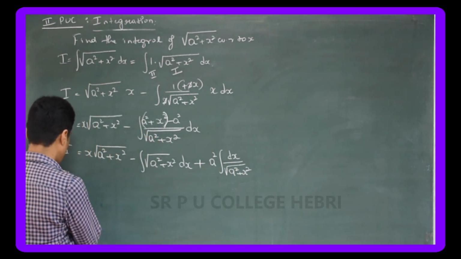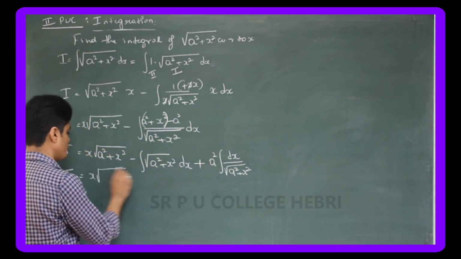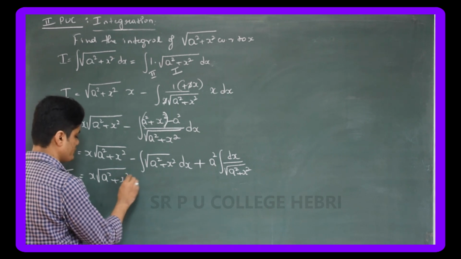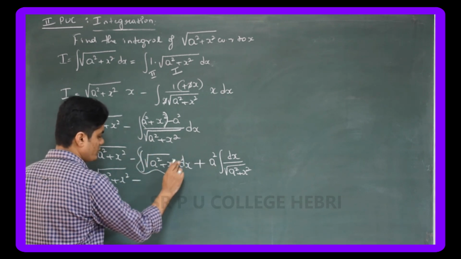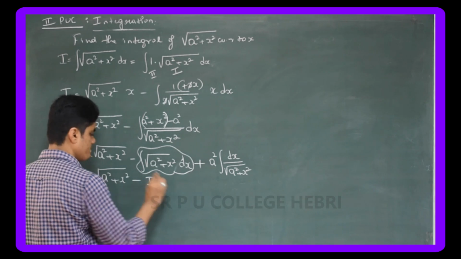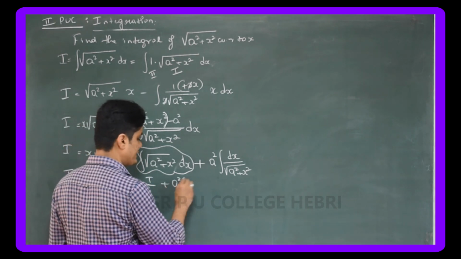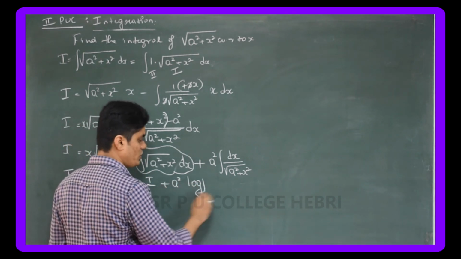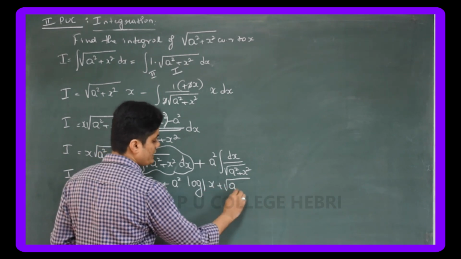Here the minus sign becomes plus. a square is a constant, so keep it outside, and you will get 1 by root of a square plus x square. So I is equal to x into root of a square plus x square minus I, because this integration is also I, plus a square times this integration, which you learned in the last result: log of x plus root of a square plus x square.